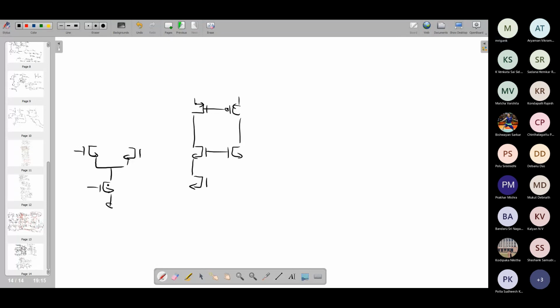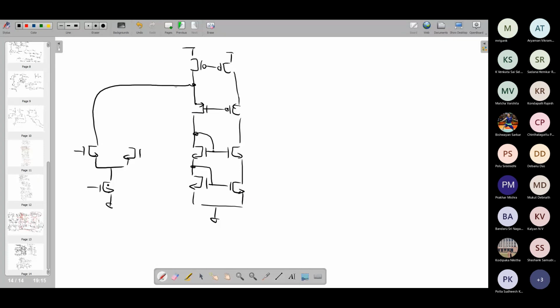So in order to convert this into single-ended, all we need to do is use a diode connected current mirror topology at the load side. Here we have the same PMOS biased with the help of some current mirror, and you are basically routing the signal to the input.